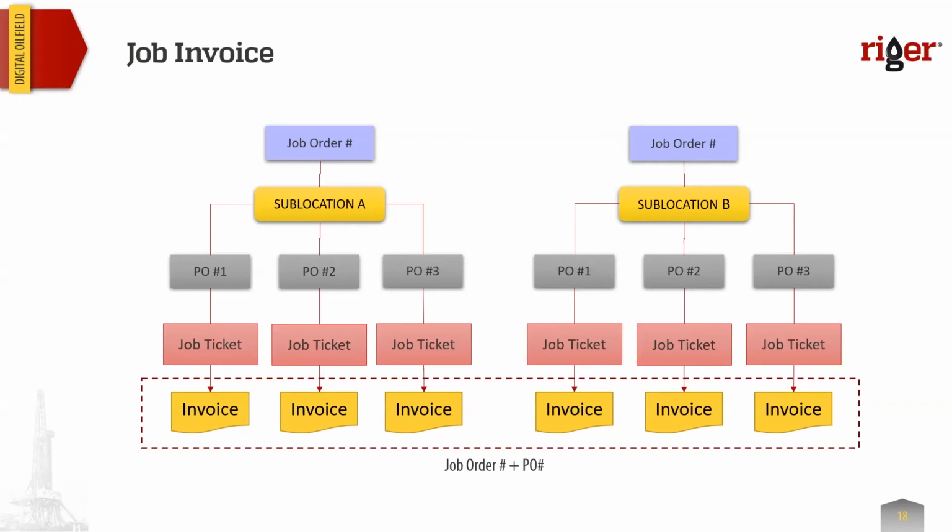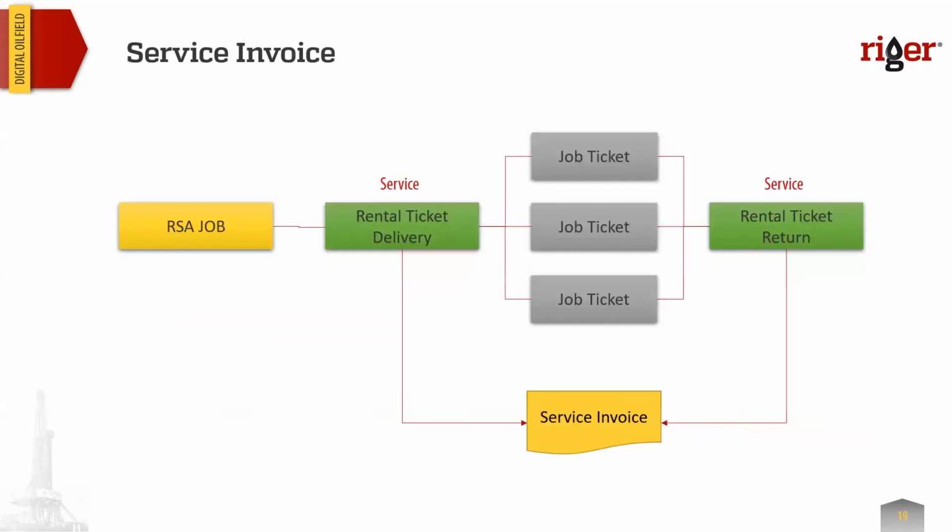For each of these job tickets, the system will generate a separate invoice. And for the services that I talked about as general services, we have a separate type of invoice, which will accumulate all the services that you had on the rental ticket delivery and rental ticket return.